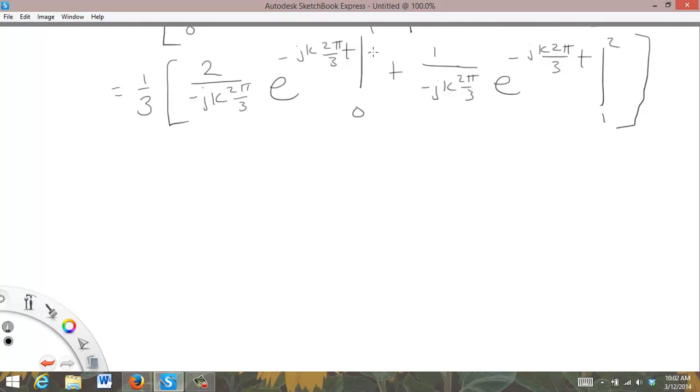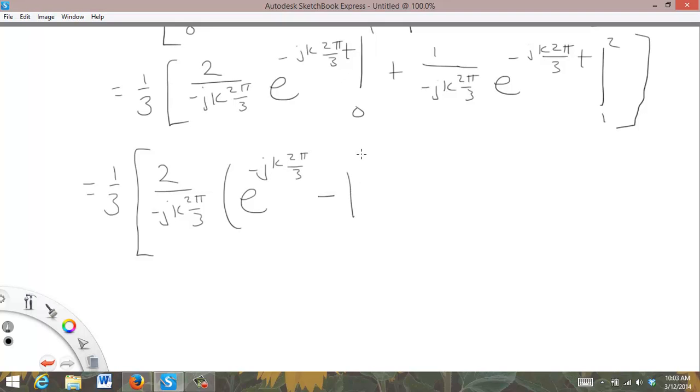Alright, so now e to the j k 2 pi, when t is 1, is just that, so we have 1/3 times the quantity 2 over minus j k 2 pi over 3. Value at the upper limit, you have e to the minus j k 2 pi over 3 minus e to the 0, which is 1.